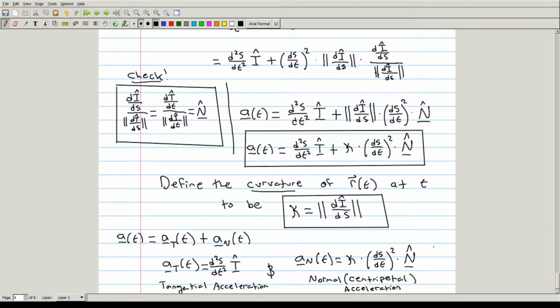The main idea here is that we've shown that the acceleration vector can always be decomposed into a tangential component and a normal component in the direction of t and n, respectively. We've also shown that this curvature function is a scalar function of the parameter value or of arc length along the curve.